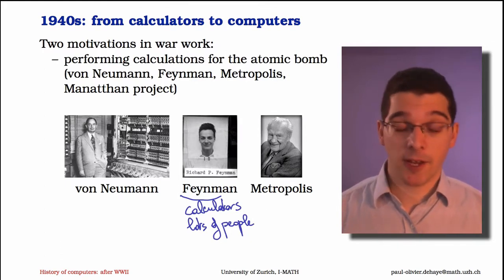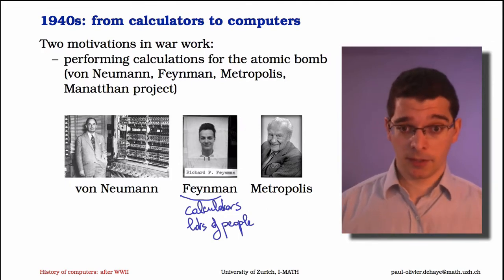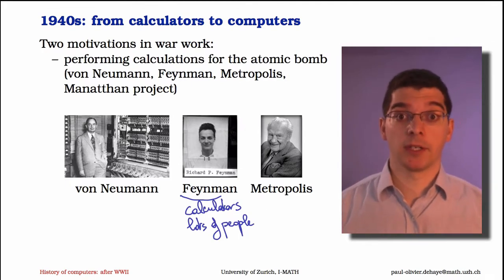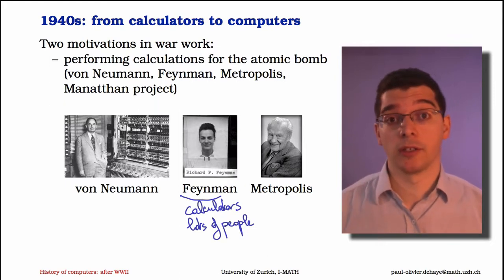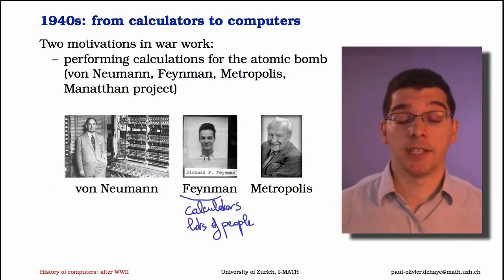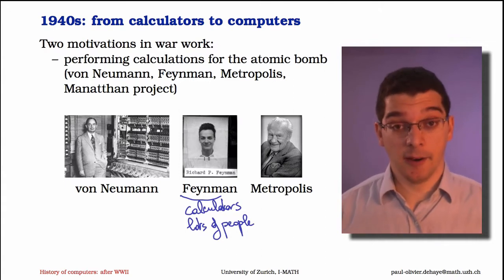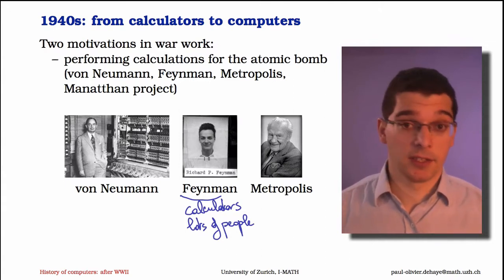As part of the instruction, there would be the instruction to pass the result to some other person in the room. And actually, a lot of those people were women, because they were contributing to the war work without being at the front. Those women were passing around all these numbers written on sheets of paper. Feynman first optimized their calculations in this way. He describes that in his autobiography.